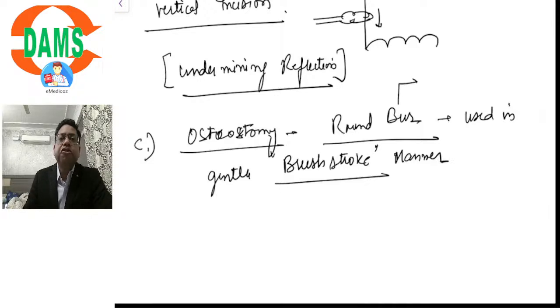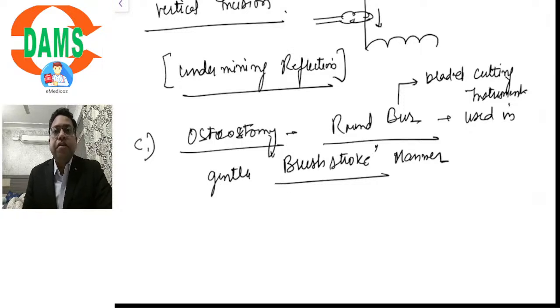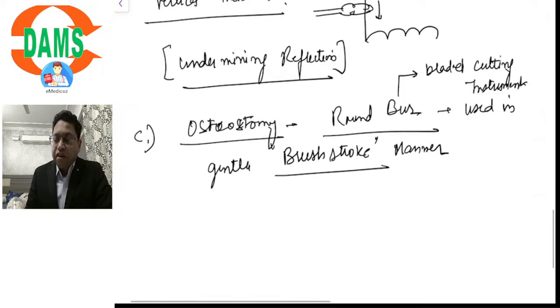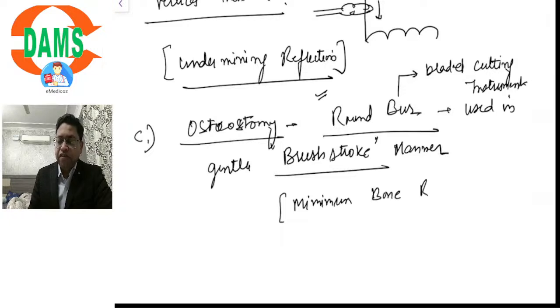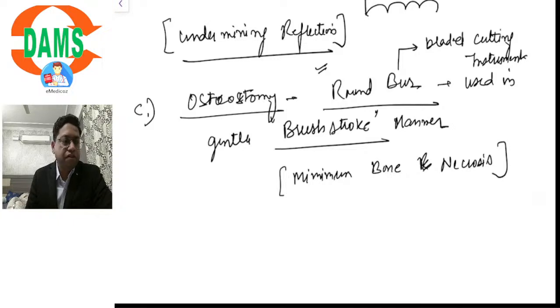And from the definition of burr, you must know that it is a bladed cutting instrument. So we would not use a diamond point, but we would use a tungsten carbide or stainless steel burr, round in shape, to create a window in the bone. This causes minimum bone necrosis because the heat generation is restricted with this design of burr.